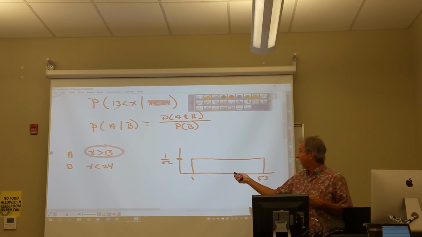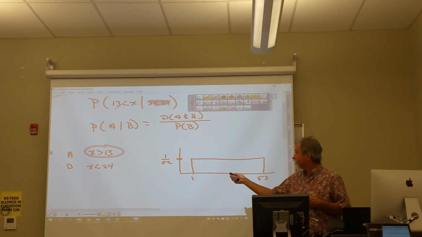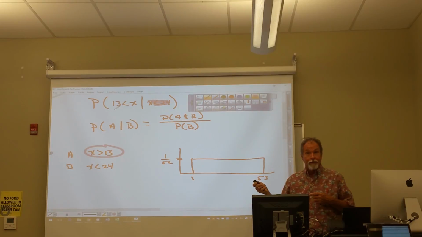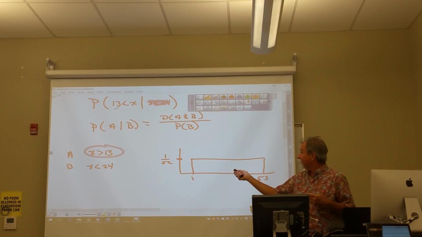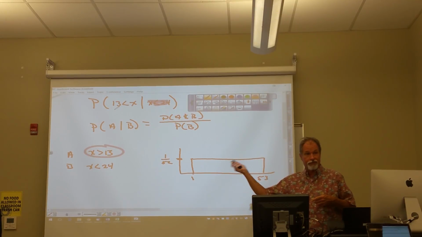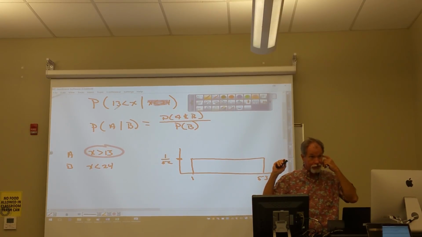I am as likely to read this as X is greater than 13 as I am to say 13 is less than X, because I don't always read from right to left.